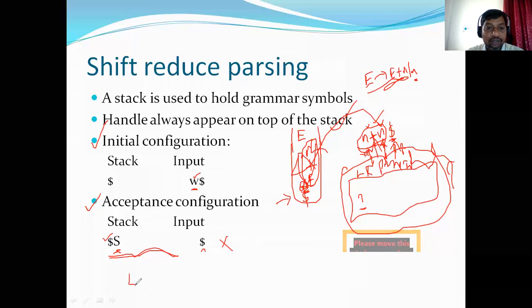We have 4 types of LR parsers. As far as the power is concerned, LR0 is less efficient than SLR1.